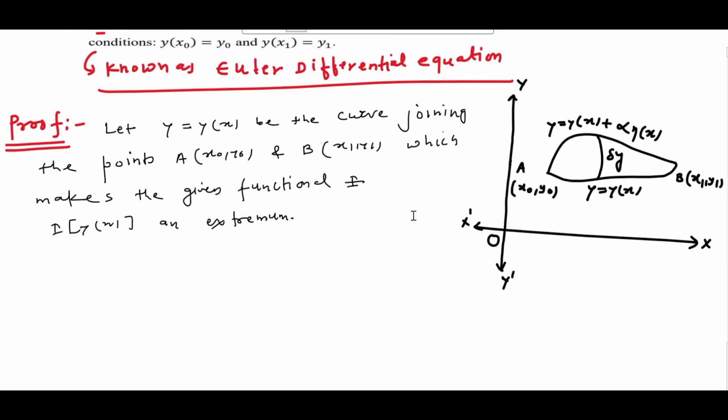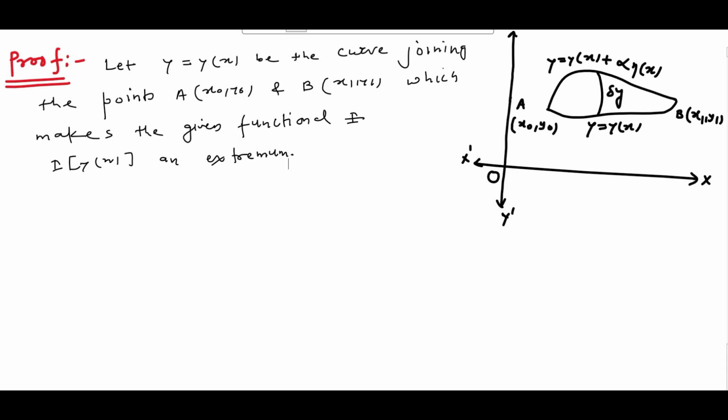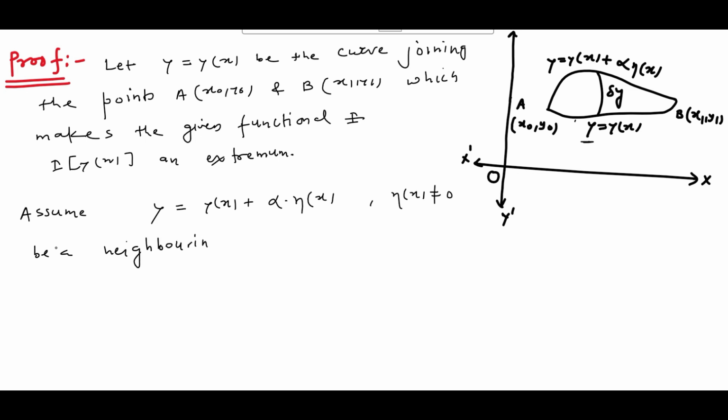So now further we need to assume y equal to y of x plus alpha times eta of x, a neighboring curve of the given curve y, where eta of x is a non-zero quantity and alpha is a parameter, be a neighboring curve joining these points.